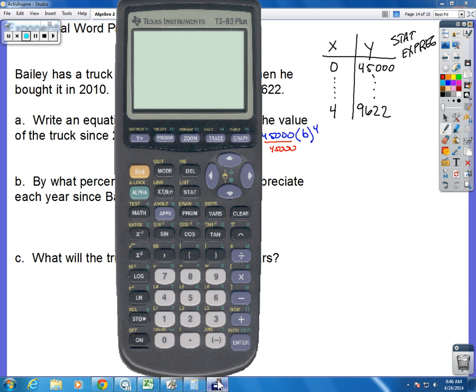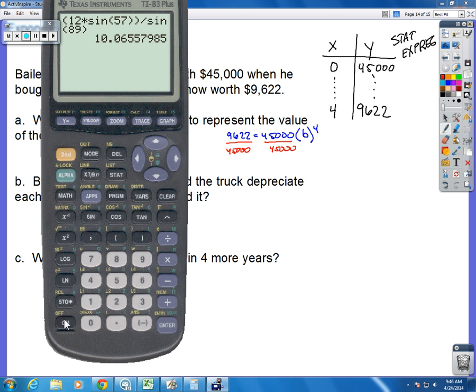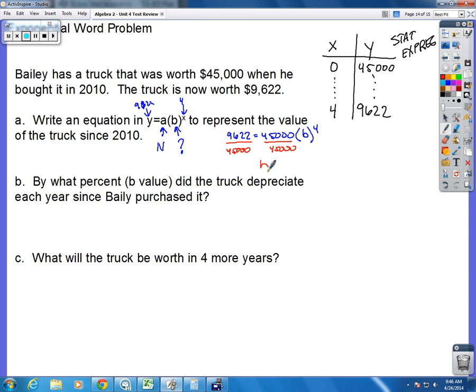So I have 9,622 divided by 45,000. What I'm going to have to do is take the 4th root, so that means 4 math x root of my answer, and I end up getting 0.68 for b. So my b value ends up being 0.68.